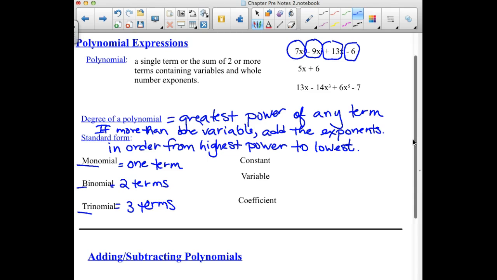Constant is a plain number, just like a 6. So right here, this -7 would be a constant. A variable, typically we use x, but it represents an unknown number.